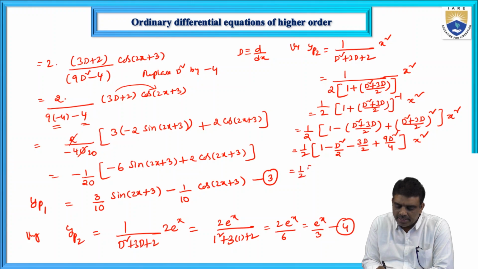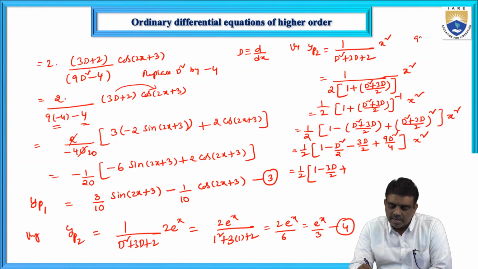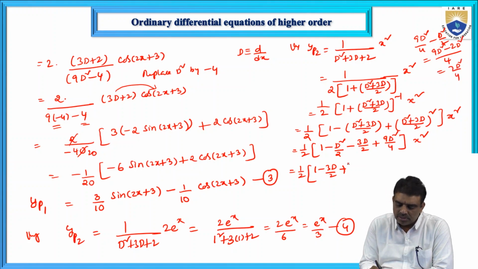That is 1 by 2 into 1 minus 3D by 2 plus 9D square by 4 minus D square by 2. What is the LCM? 4 is the LCM. 9D square minus 2D square, that is equal to 7D square by 4. So 7 by 4 D square of x square.